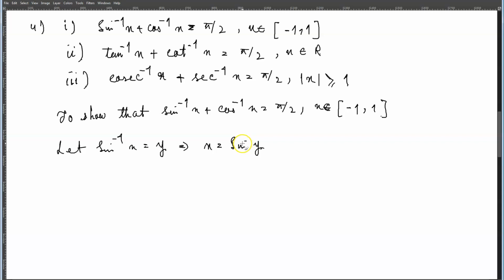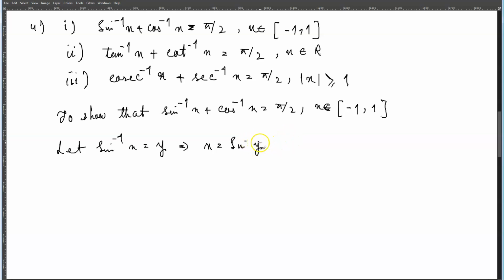X is equal to sine of y, which incidentally is equal to, if you want to express this in terms of pi by 2, you can use the formulas that we had before.